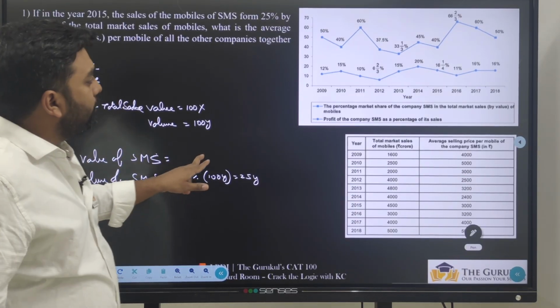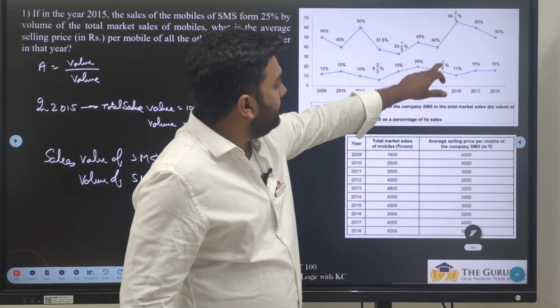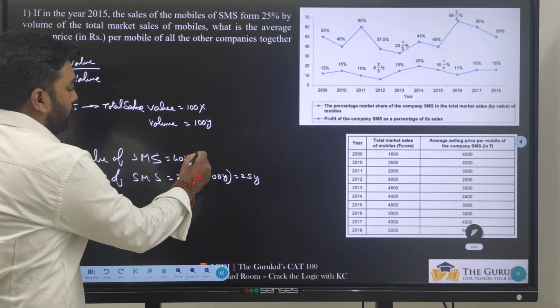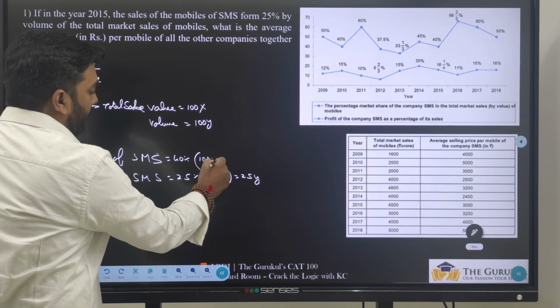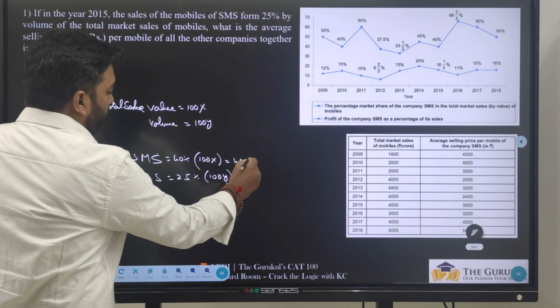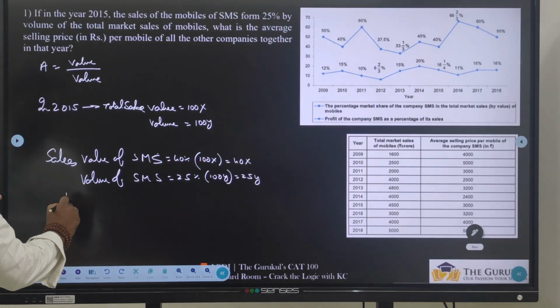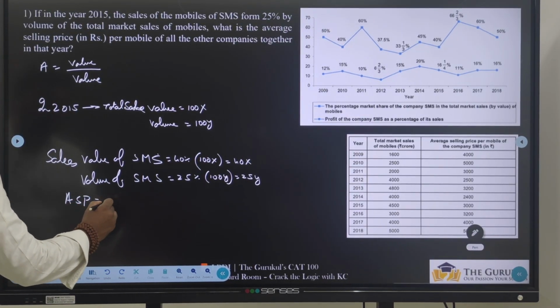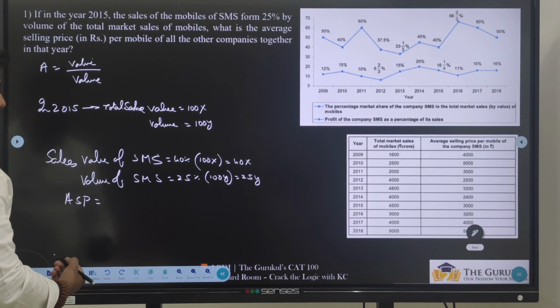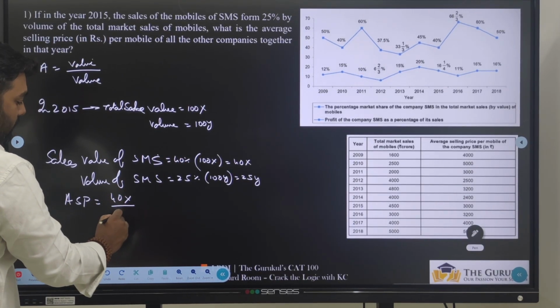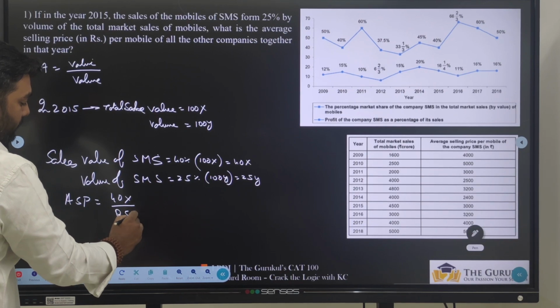Now what is the value? In 2015, value is 40%. 40% out of what? Of 100x, which is equal to 40x. Now what will be the average selling price? That will be equal to value by volume. That's what we discussed. Value is 40x, volume is 25y.